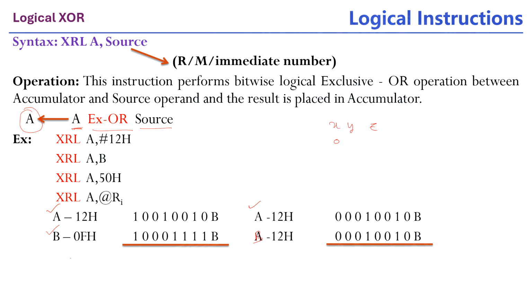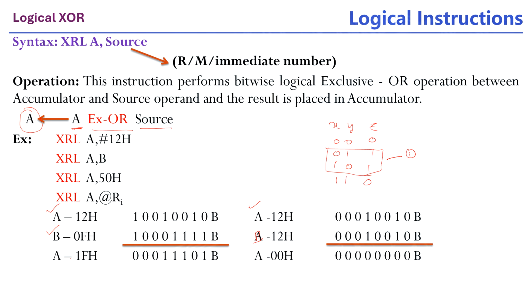If both inputs are 0, output is 0. 0, 1, output is 1. 1, 0, output is 1. 1, 1, output is 0. From this, we can conclude that whenever the inputs are different, the output will be 1. So we computed the output here.